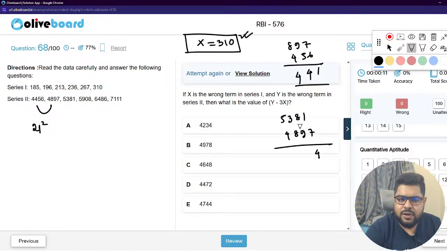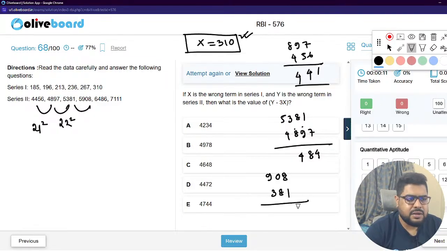This is 4. This is 0. Sir 8. This is sir 9. This is 4. It is 22 square. Next one, sir. 908 minus 381. Right, sir? 7. This is a 2. This is a 4, 5.